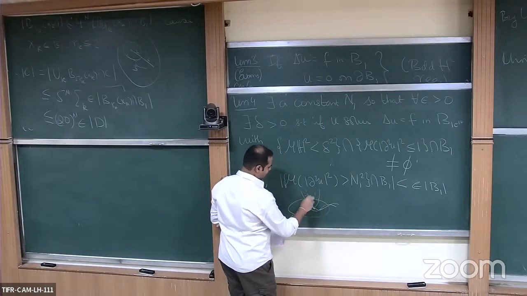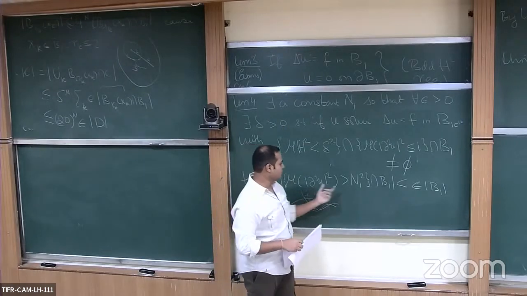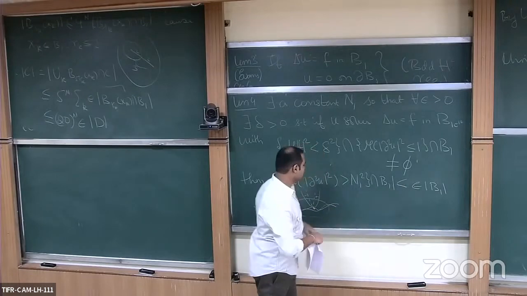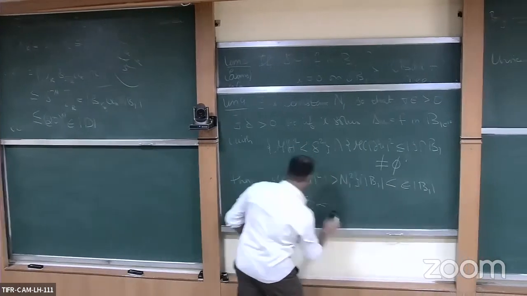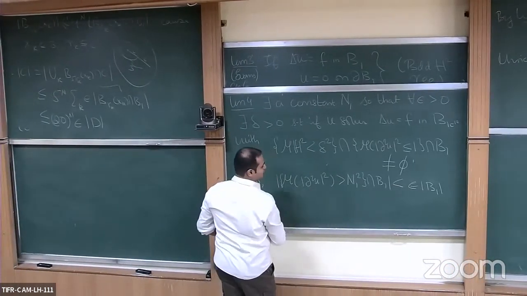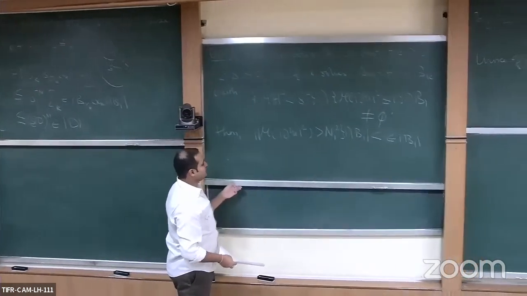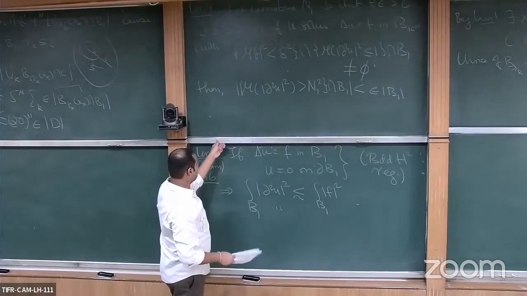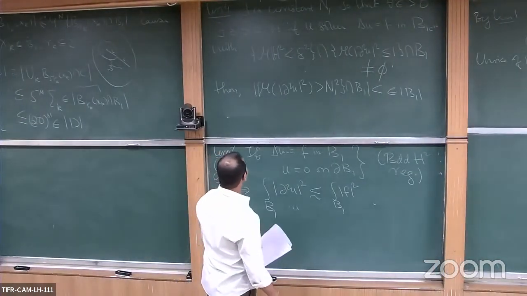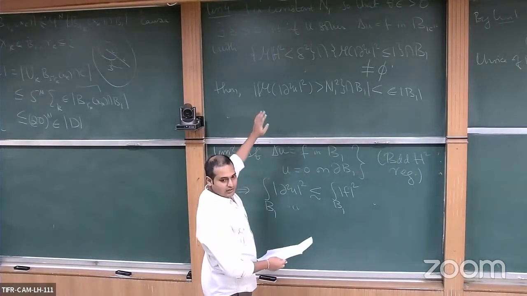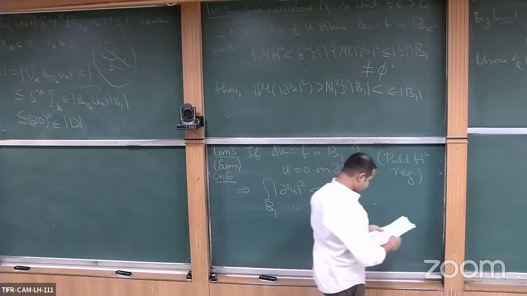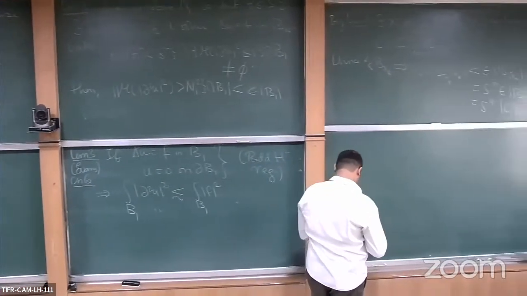So if I narrow it, it can't do this in too large a set. At least analytically the statement is clear. So let us say I prove this. Let us say this is true.